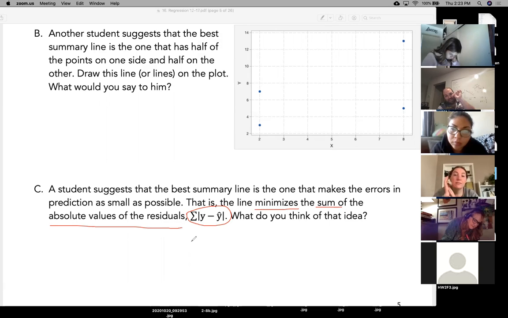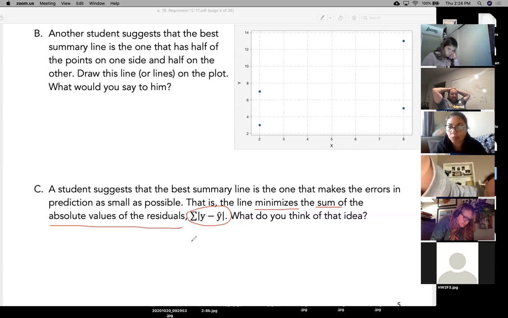When you do that, you will get a number. A different line would give you a different number. So out of all the lines in existence, pick the one that gives you the smallest value for that.